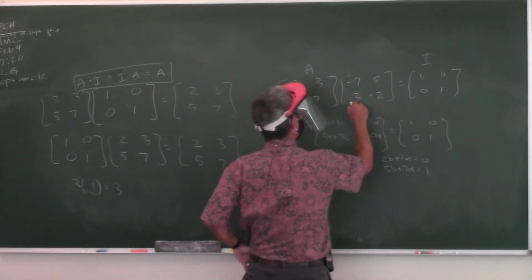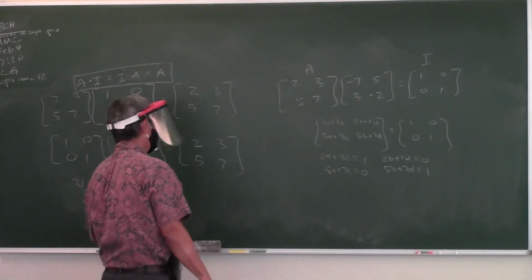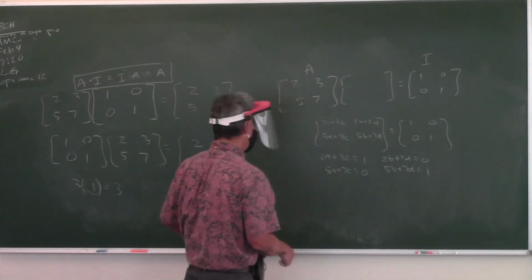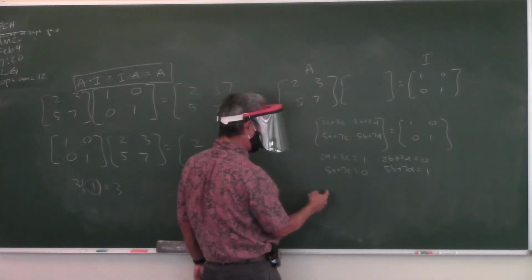Five and 3. Let me see if that's gonna work. That doesn't work. See, I couldn't do it in my head. Doggone it, that's what happens when you get old. Let's just solve these equations. How would you solve these equations?